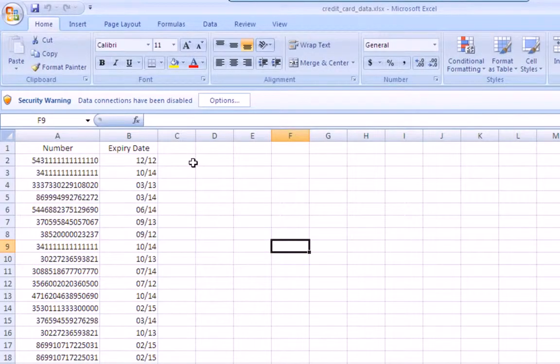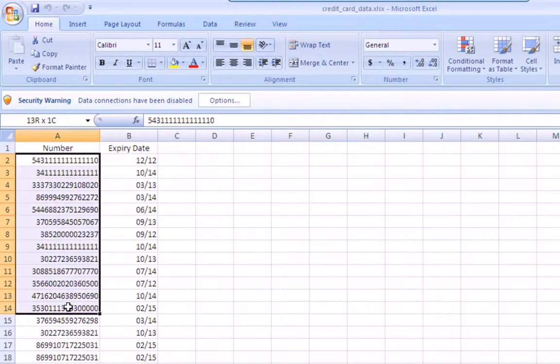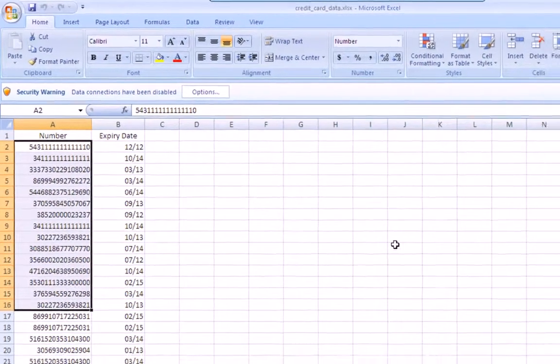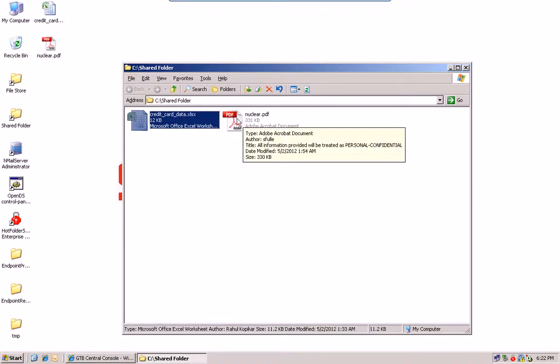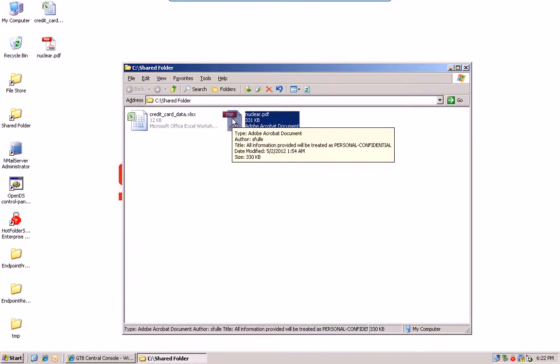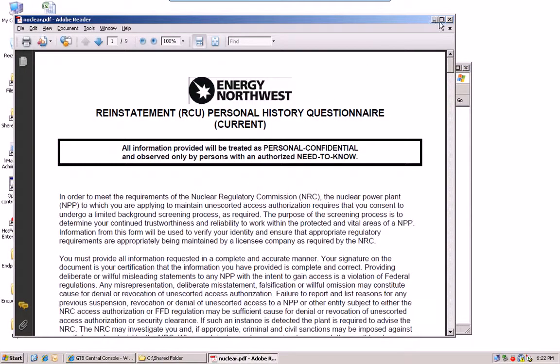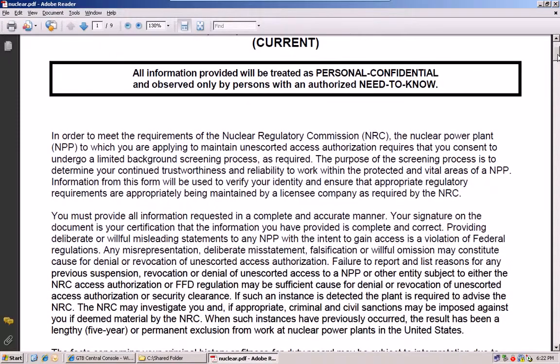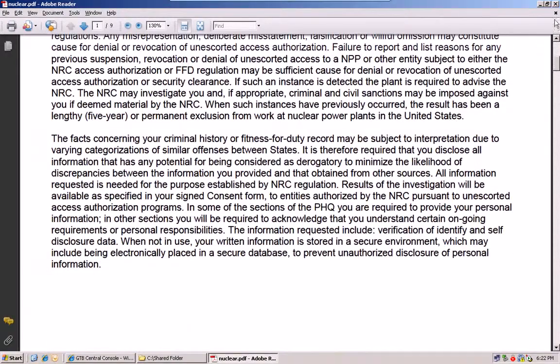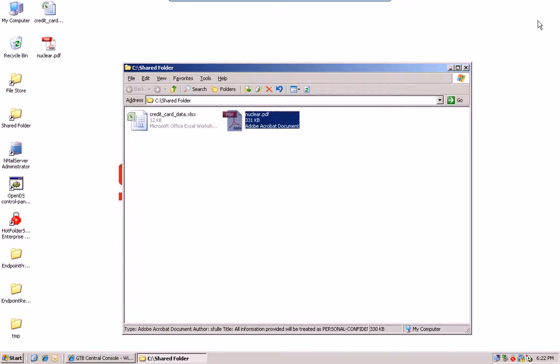We first open the credit card data document, and as you can see, there are a bunch of credit card numbers which is highly confidential. Now let's look at the other document, which is the nuclear data document. As you can see, the nuclear data document has a lot of confidential information with various keywords like nuclear, secret, etc.